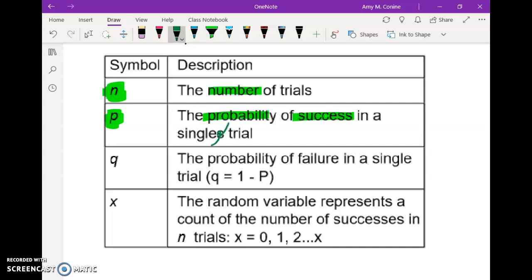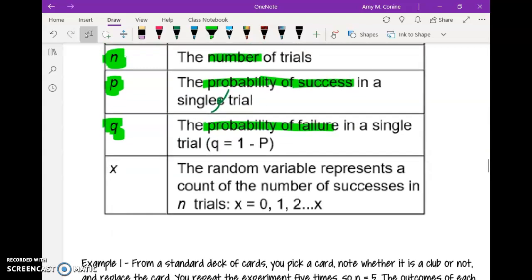Q is the probability of failure, so 1 minus p. Okay, so if p is your successes, then Q would be the difference of that. And X is that random variable we just talked about that represents the count of the number of successes. So it'll be some number in your experiment.